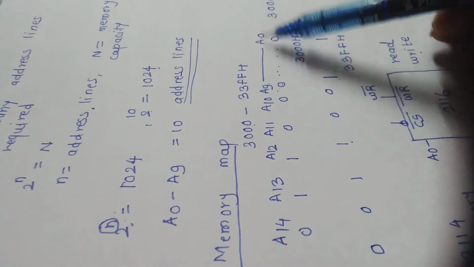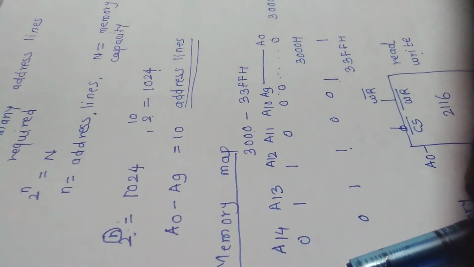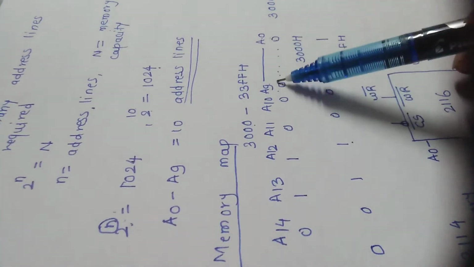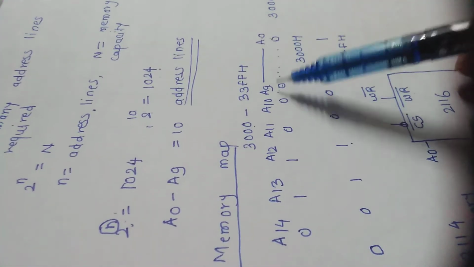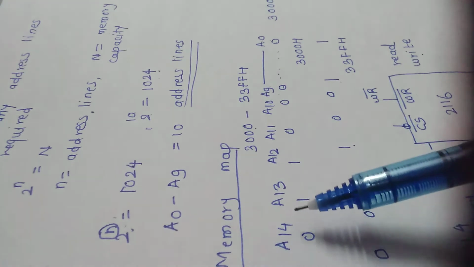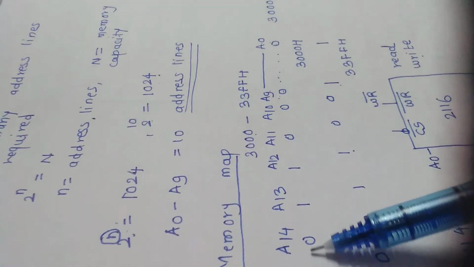A0 to A15, 16 address lines are there. Out of these, A0 to A9, 10 address lines are used for memory interfacing and the remaining address lines for decoding purpose.